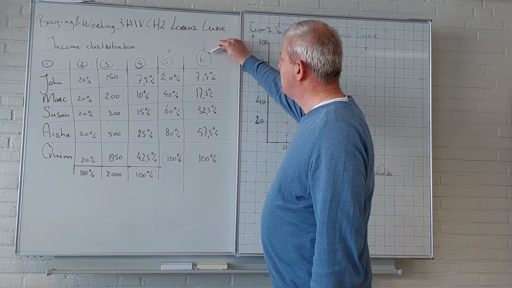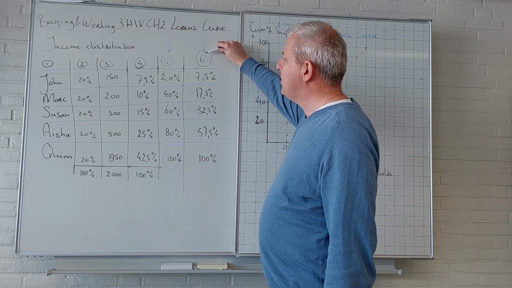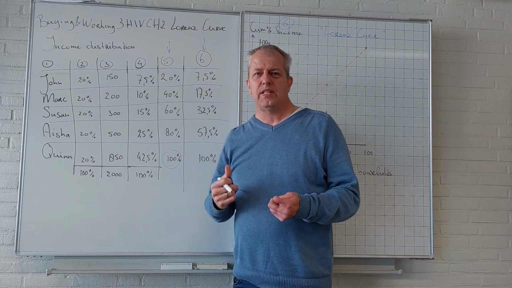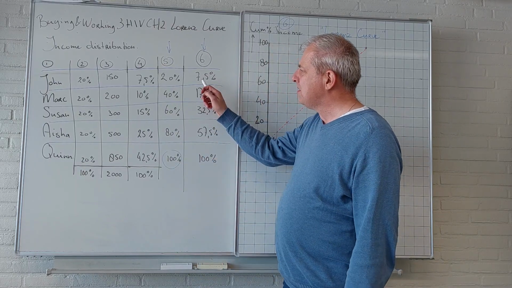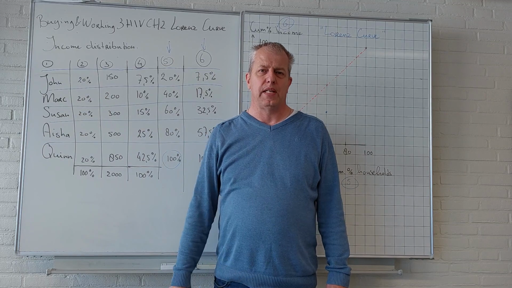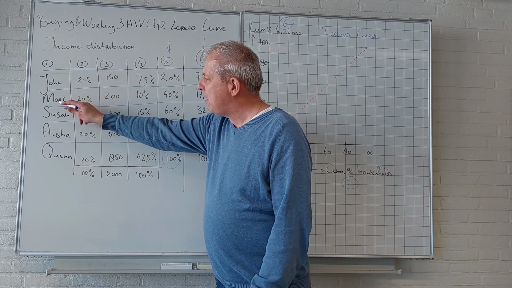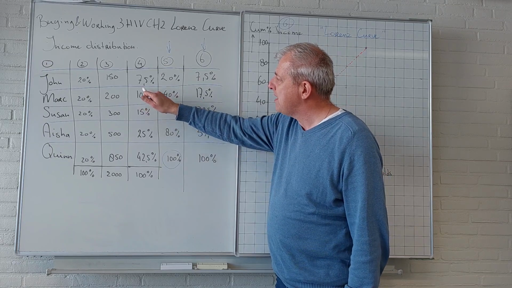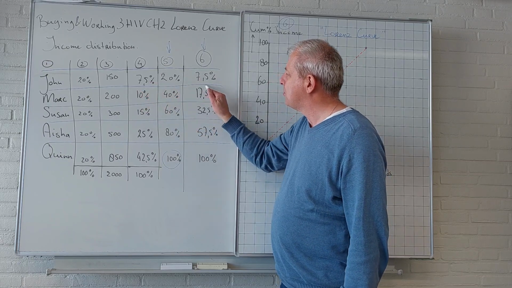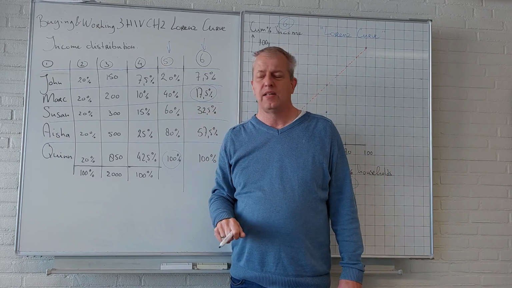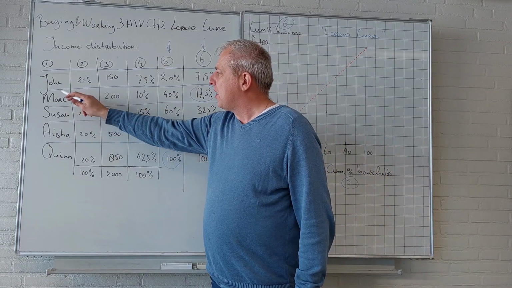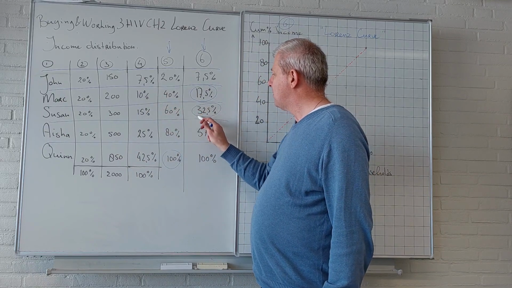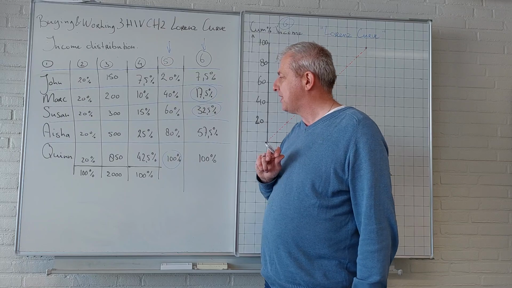The last column, which you have to calculate, is the cumulative percentage of their income. So the system is about the same. So John makes 7.5% of all the money. John and Mark together make 17.5% because Mark makes 10, John 7.5, in total 17.5%. Susan, Mark and John, 15, 10 plus 7.5, earned 32.5% together.